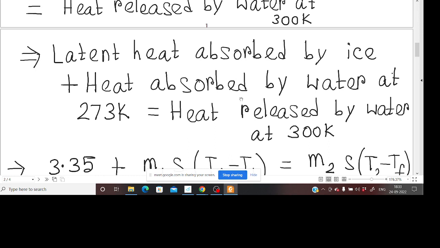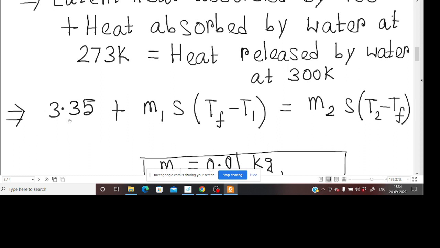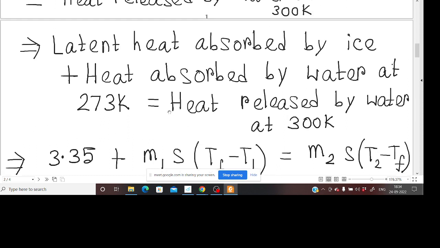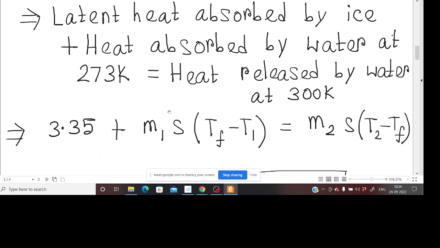This is clear? Yes, sir. Okay. Now this latent heat you have already calculated. Just put this value, and what is the heat absorbed by water at 273 Kelvin? This is equal to m1 into s into Tf minus T1, where Tf is the final temperature and s is the specific heat of water, and m1 is the mass of water, which is equal to, I think, 0.01 kg, and T1 is equal to 273 Kelvin.